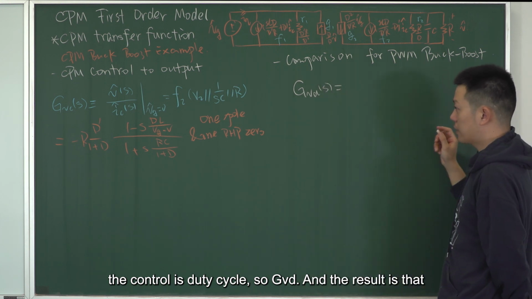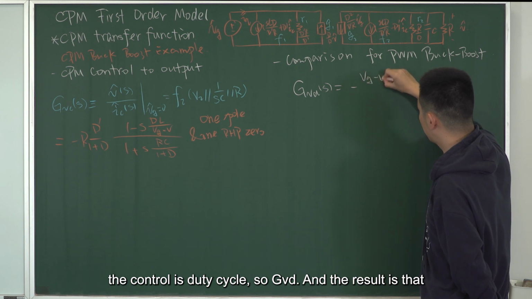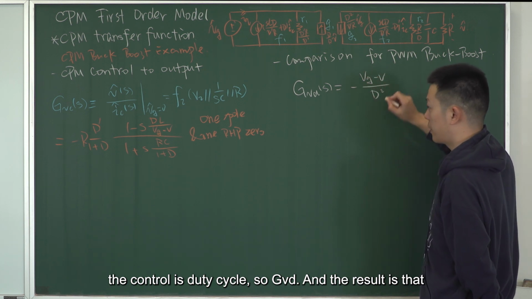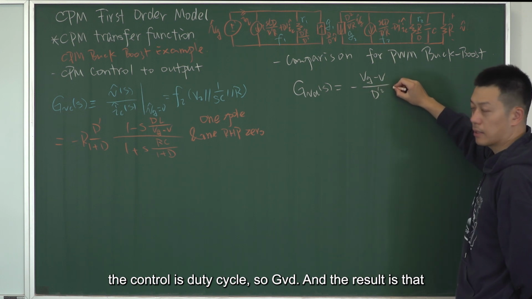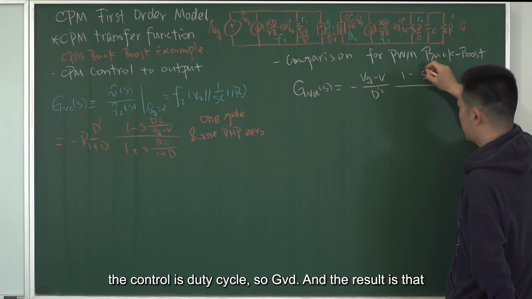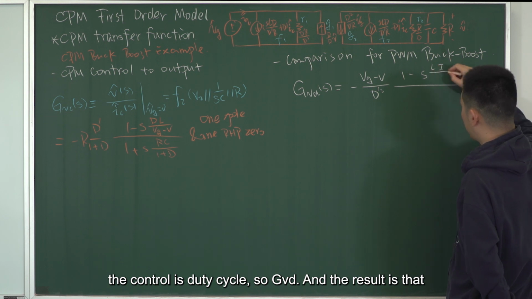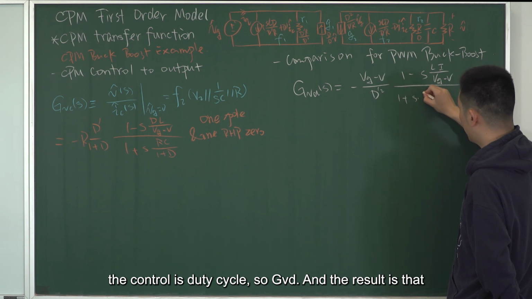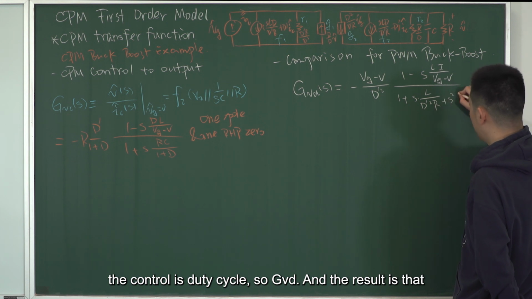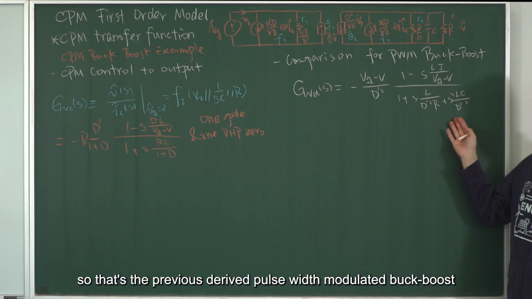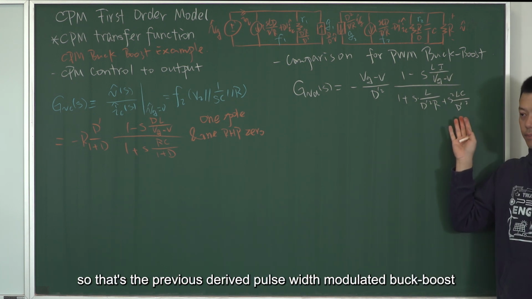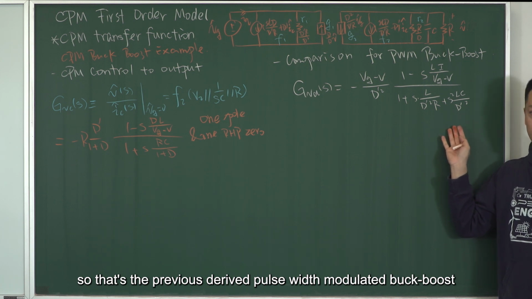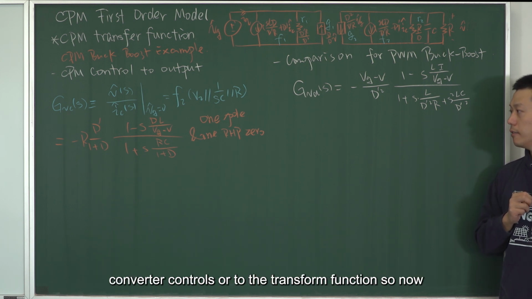The result is minus Vg minus V over d squared, d prime squared, times the fraction of 1 minus s times Li over Vg minus V, divided by 1 plus s times L over d prime squared R plus s squared LC d prime squared. That's the previously derived pulse width modulated buck boost converter control to output transfer function.